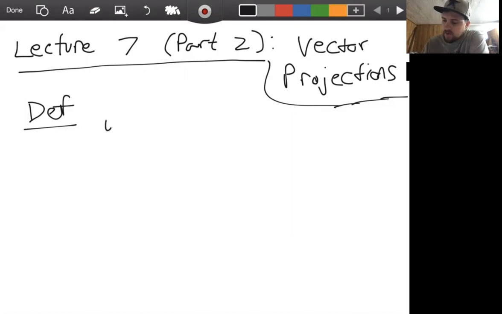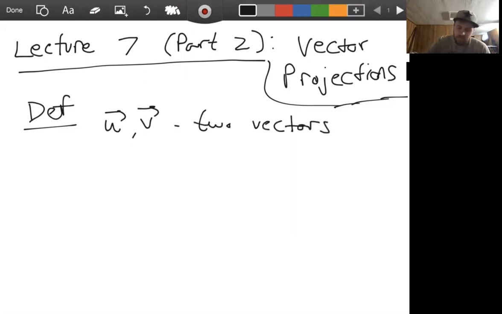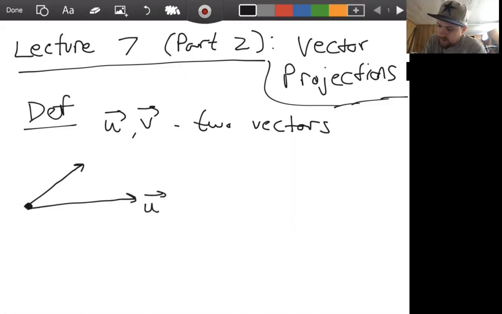So let u and v, as always, just be two vectors. Say we have u as the first vector and v as the second vector. We can talk about a vector projection of one vector onto another.